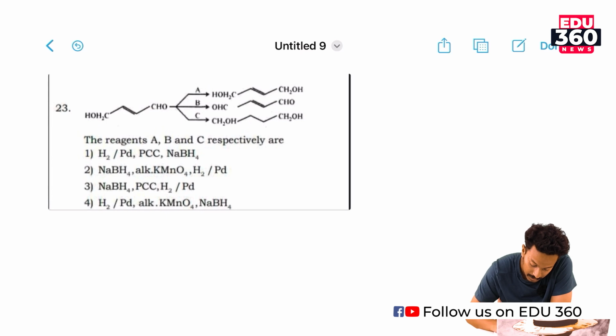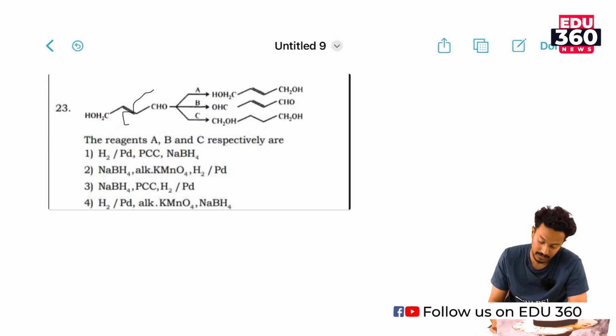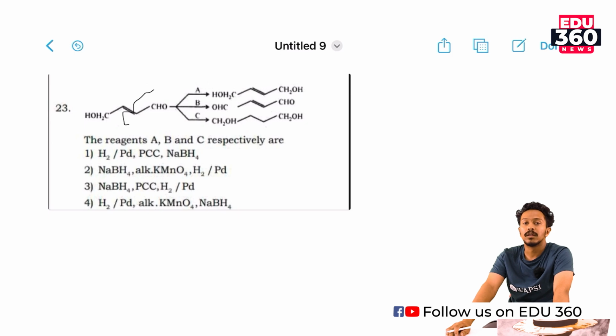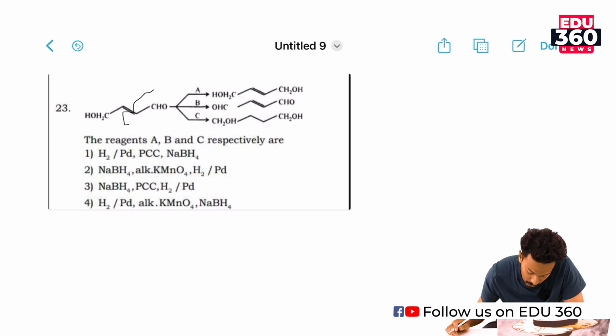Here the double bond present in this aldehyde is reduced to CH2OH and CHO, which is only through H2 and palladium. Which means reduction of an alkene to an alkane is only done through a palladium catalyst over hydrogen. So we will write about this one.